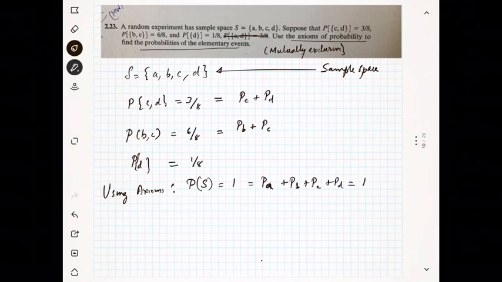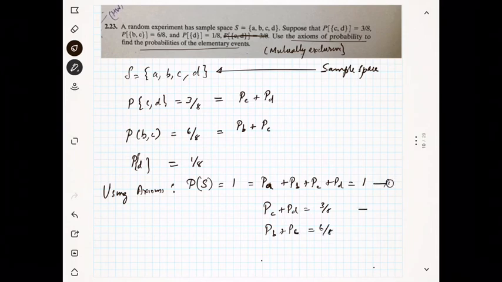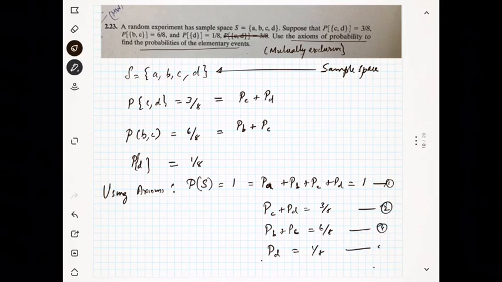And you have another equation: probability of C plus probability of D is 3 over 8, and probability of B plus probability of C is equal to 6 by 8. And the probability of D is also given, it is 1 over 8. So there are 4 equations and there are 4 unknowns. You can easily calculate.